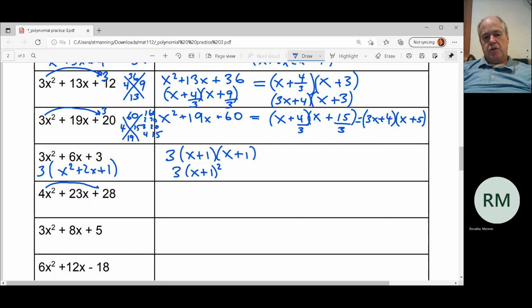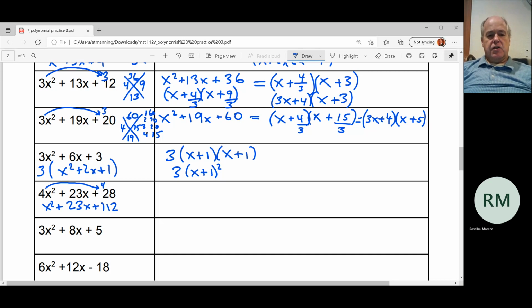So slide the 4 over, multiply by the 28. 4 times 20 is 80, plus 4 times 8 is 32. 80 plus 32 gives us 112. So x squared plus 23x plus 112.